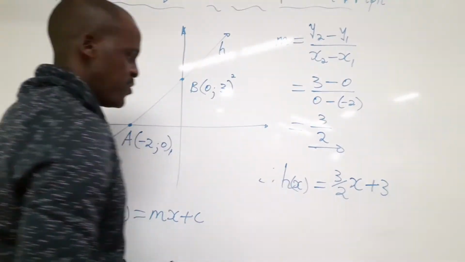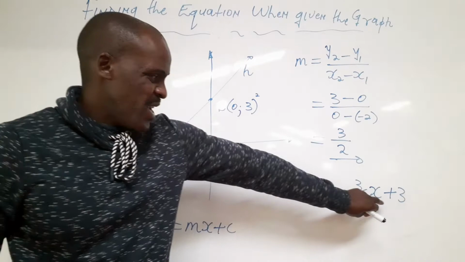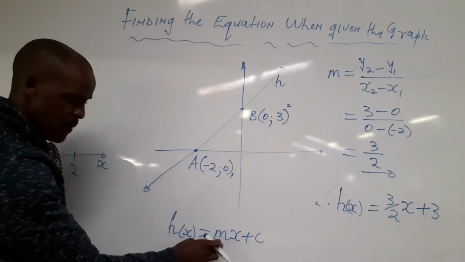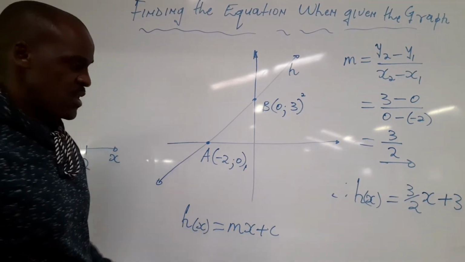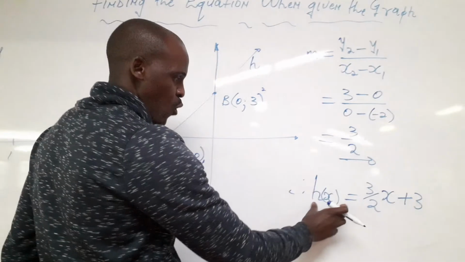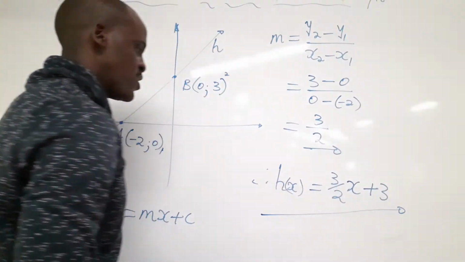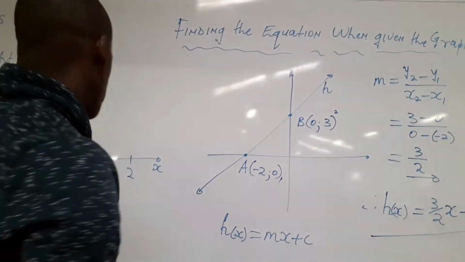So the most important thing is that your equation has to have y and x, and then the numbers. We do not need m. If there is m, find the value of m. If there is c, find c, so that you are going to be left with y and x. That's our equation. That's how to find the equation if you are being given the points on a graph.